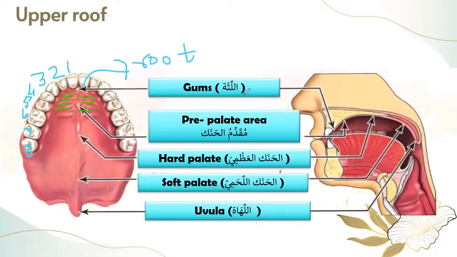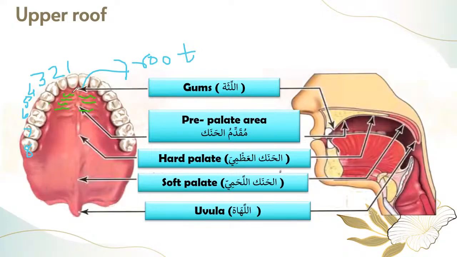Then you come to the front again, then you will feel a kind of, I didn't say soft, I said smooth, not soft, smooth area. If I used the term soft, then I'm sorry, that's a mistake. Smooth area will correspond to the second teeth.